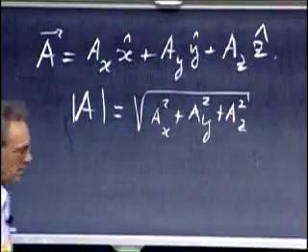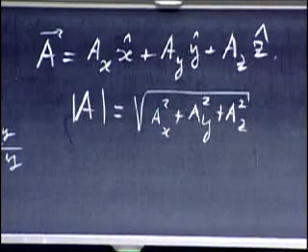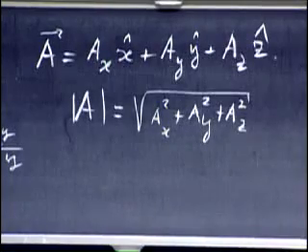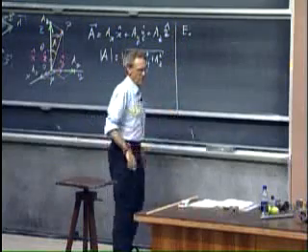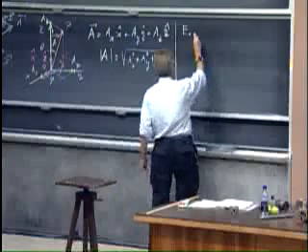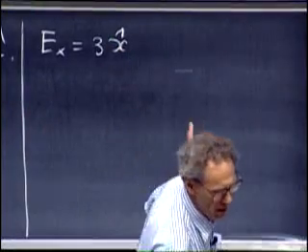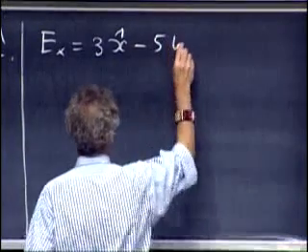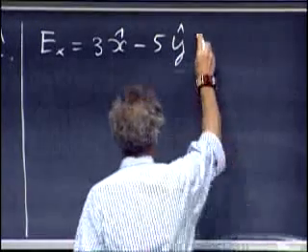And so we can take a simple example. For instance, I take a vector A. So this is just an example to see this in action. And we call A 3x roof, so A of x is 3, minus 5y roof, plus 6z roof.